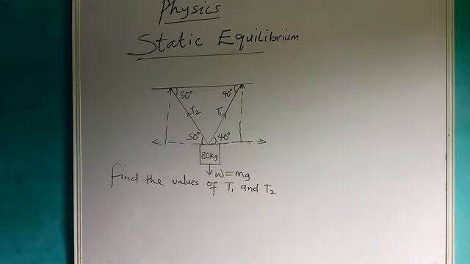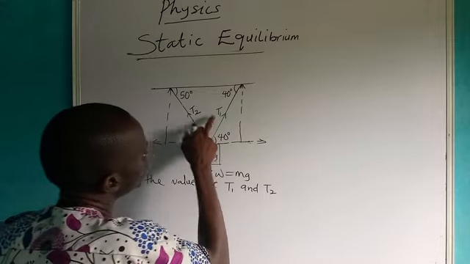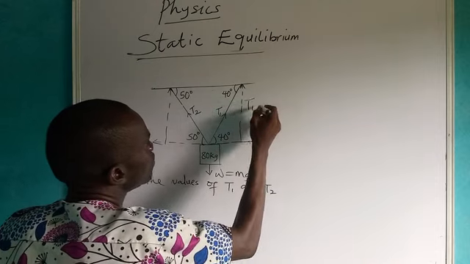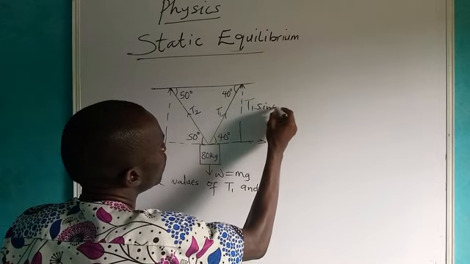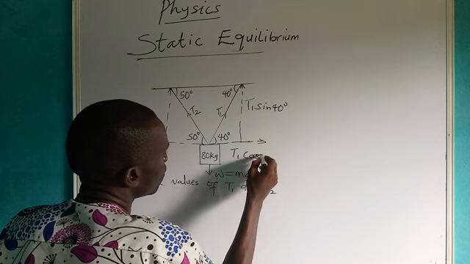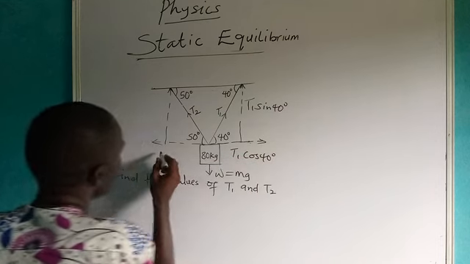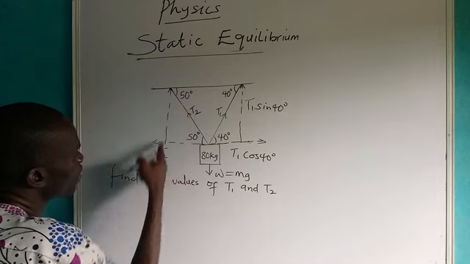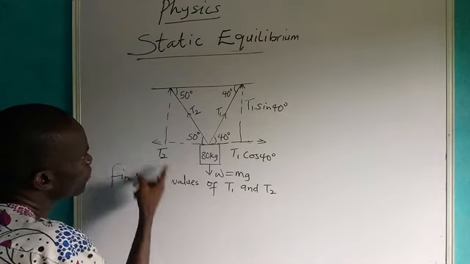Okay, let us see now. Please don't forget, I told you before that T1 has an effect here. Here becomes T1 sine 40 degrees, and here we have T1 cos 40 degrees. T2 will also have an effect on both components.